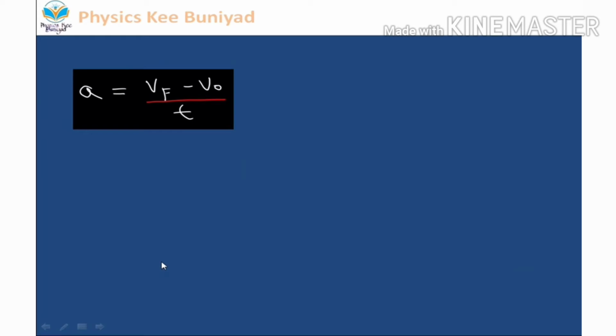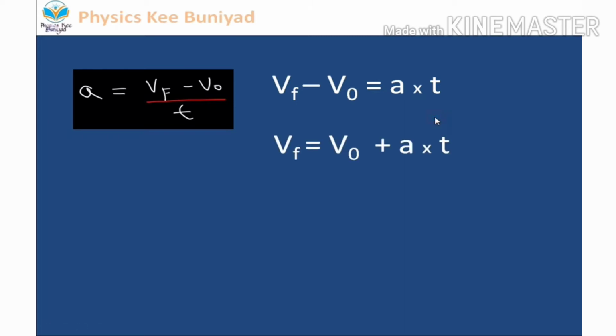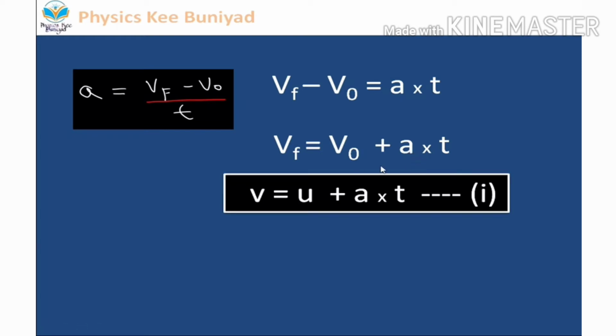Now we will derive the kinematic equation for accelerated motion. We know this is the formula for acceleration. If we take t to this side, we get final velocity minus initial velocity equal to acceleration into time. If I take v0 to the right side, I get final velocity equal to initial velocity plus acceleration into time.